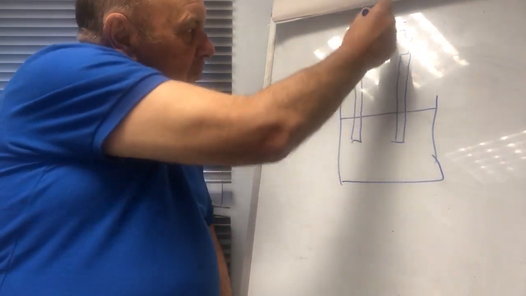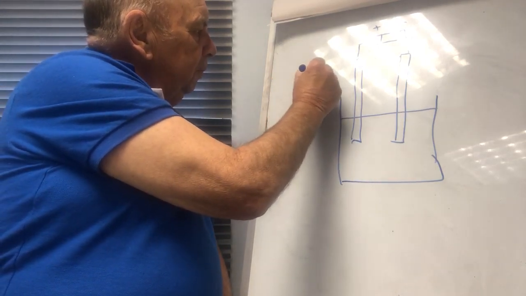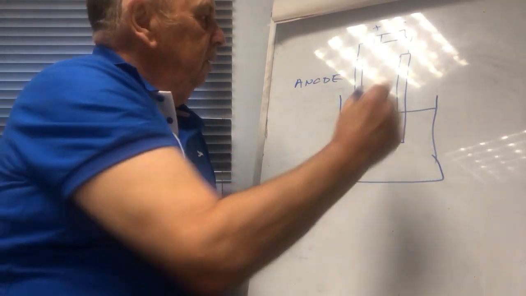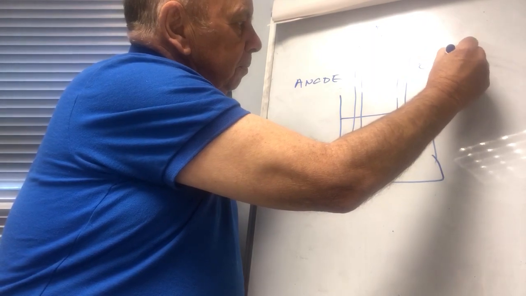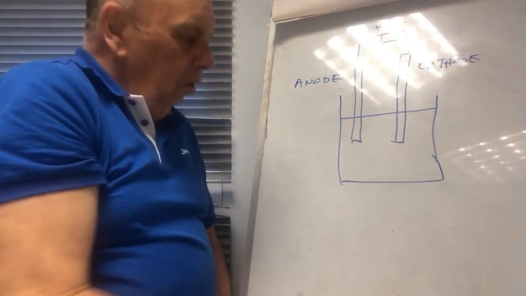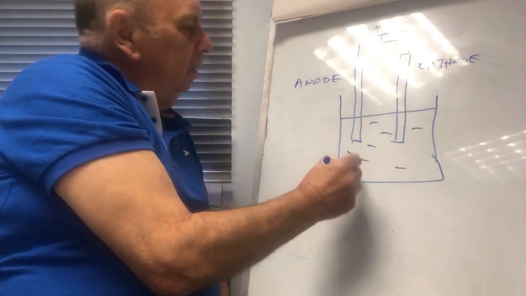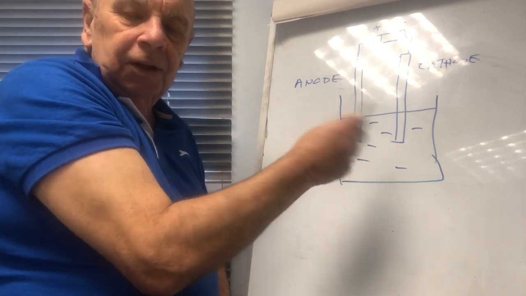This positive electrode is called the anode, and the negative electrode is called the cathode. So what I've got is the electrolyte, positive electrode, and the negative electrode.